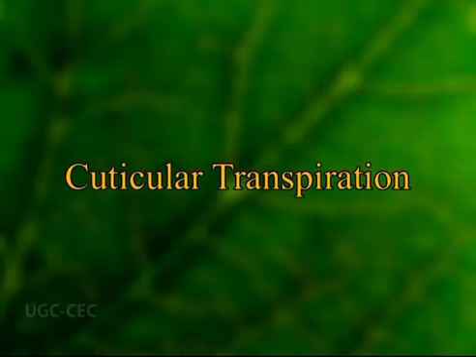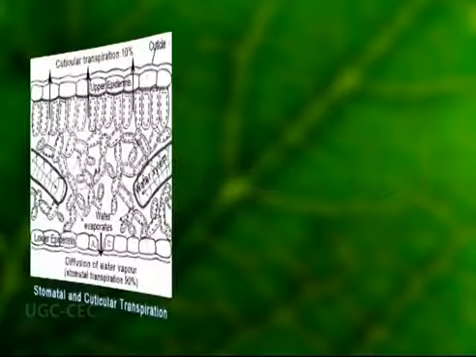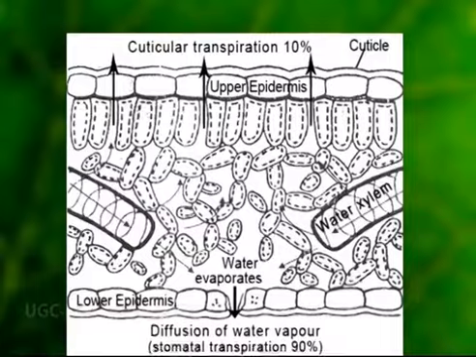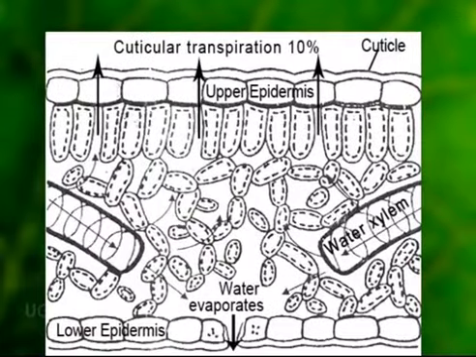Cuticular transpiration. The epidermal cells are mostly cutinized, that is, the cutin is impregnated in the outer cellulosic cell wall. Some transpiration, approximately up to 10%, takes place by the direct evaporation of water from the outer walls of epidermal cells.